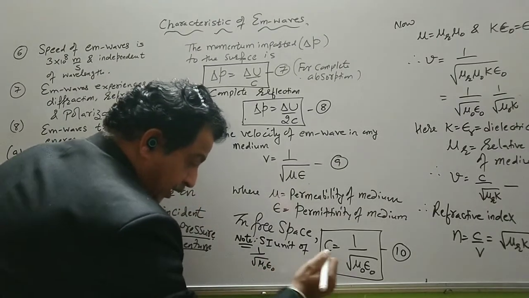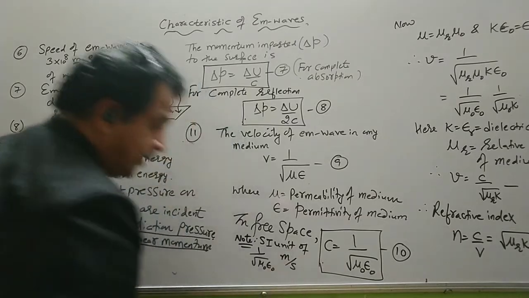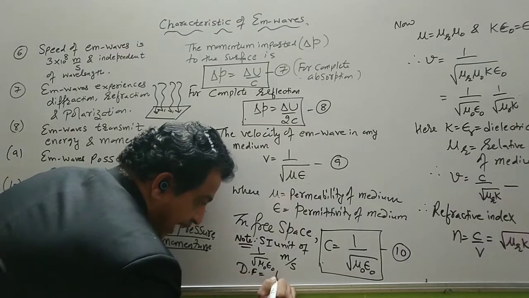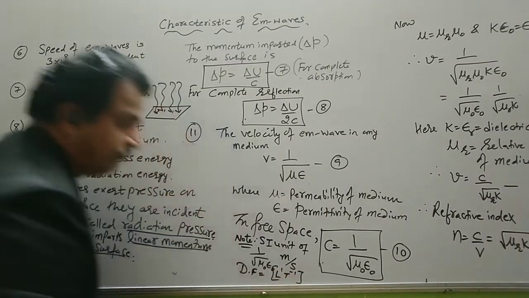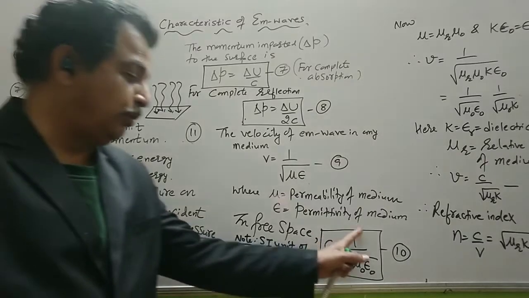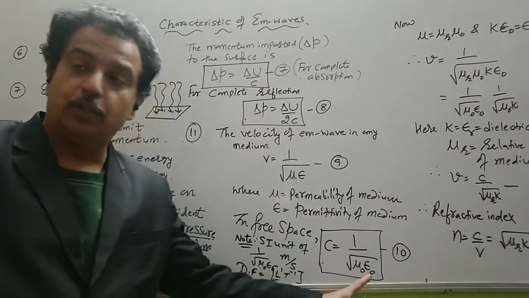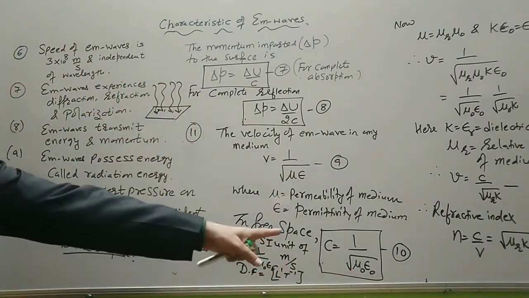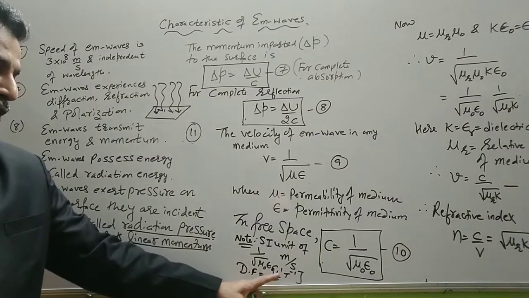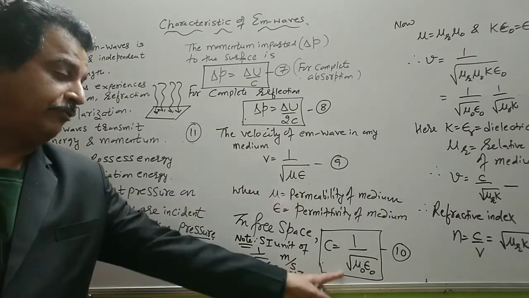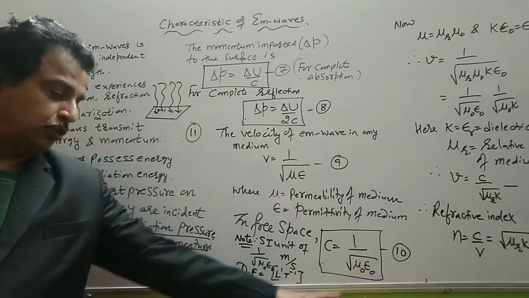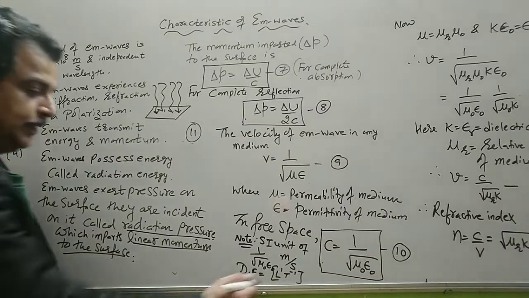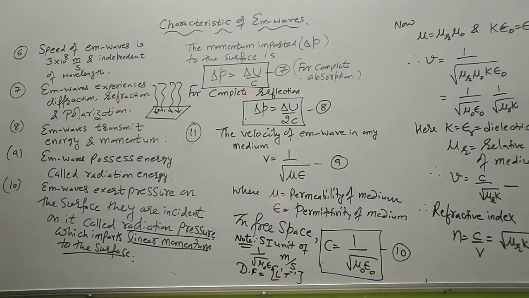If you remember this relation, it is directly meter per second, and the dimensional formula is L1T minus 1. So if they ask the dimensional formula of 1 upon root of mu naught epsilon naught, instead of substituting the dimensional formulas, you can directly write L1T minus 1. Remember, if the root is not there, the dimensional formula is L square T raised to minus 2. So this is an MCQ asked many times.